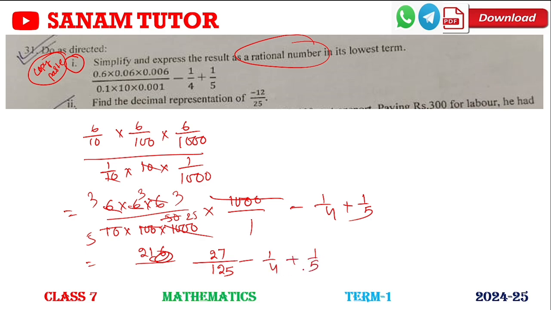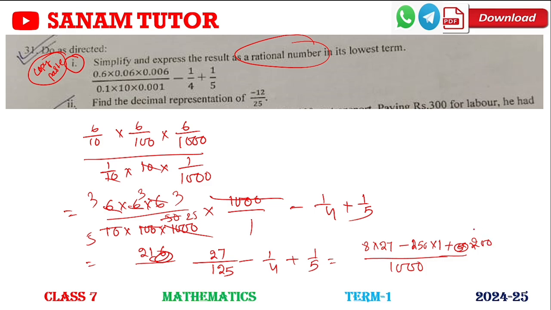Now take LCM, that is 1000. 125 into 8, 8 into 27 is 216, 4 into 250, 250 into 1, plus 5 into 200, 1 into 200.